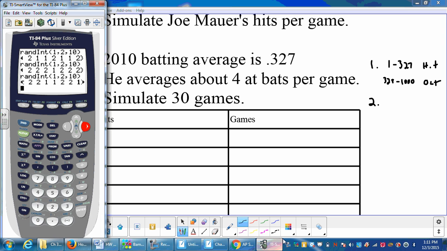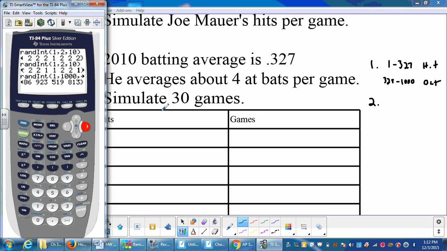So now that we have this clearly labeled, we want to simulate. We take out our calculators and go to probability, random integer. Now we're going to go from 1 to 1000, but we only want four at bats. So we look at this, and there he has a hit.